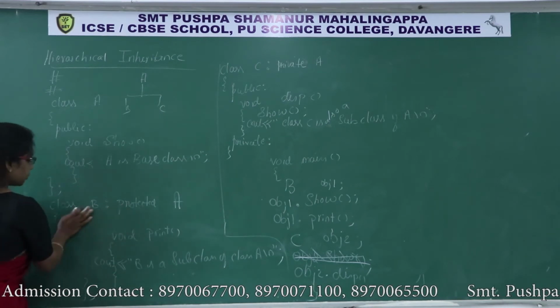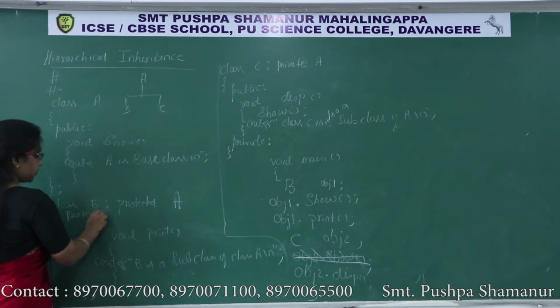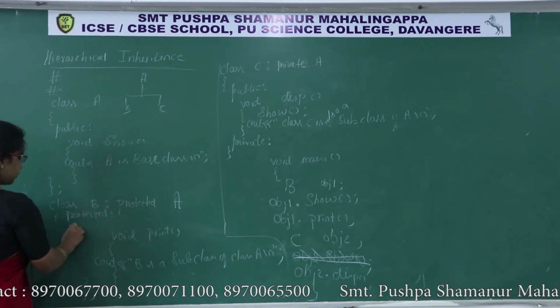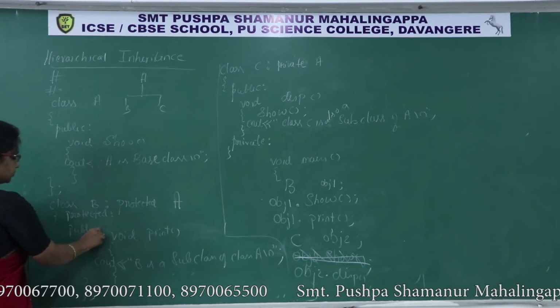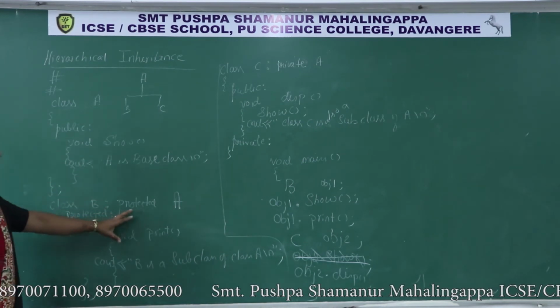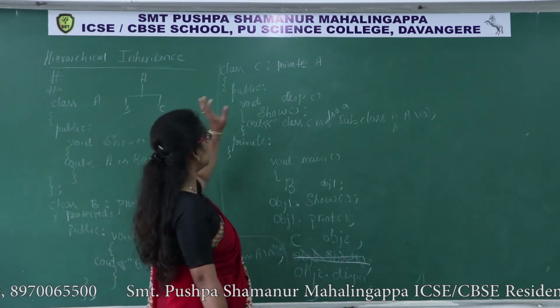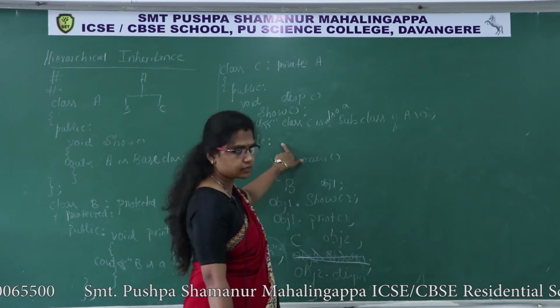I must write protected explicitly, protected colon. Here this is public. Now base class public members are inherited to the protected section of the derived class, and here base class public members are inherited to the private section of the derived class.